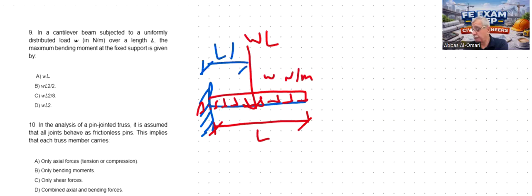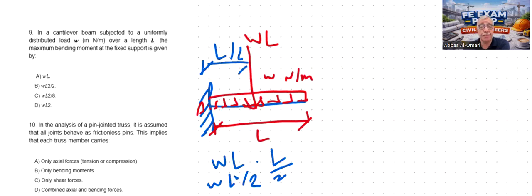So the moment is WL by L over 2, which is WL square over 2. So the correct answer is B. This is a simple question, not very basic.